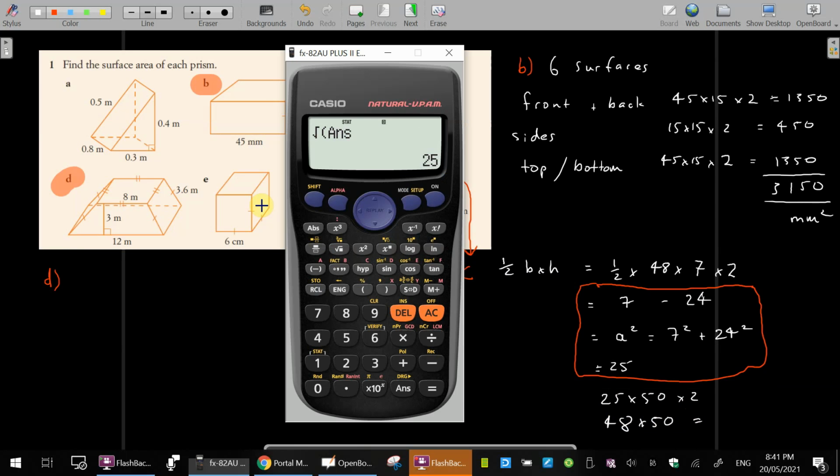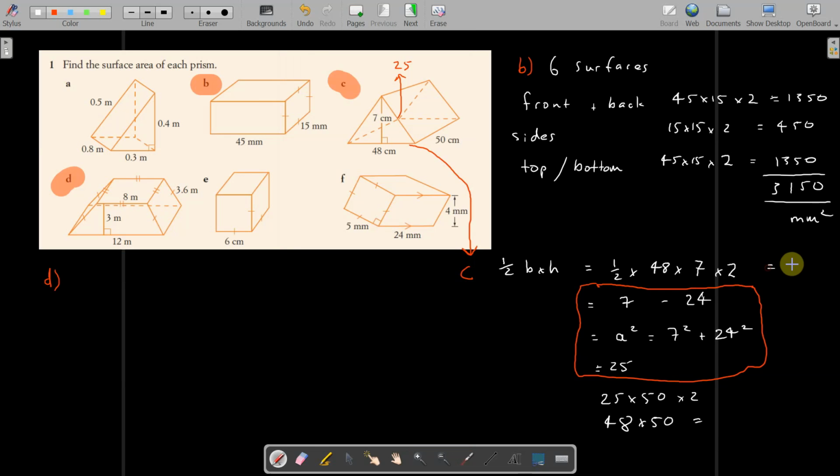Okay, let's get the calculator. So this one first. Half times 48 times 7 times 2. 336.